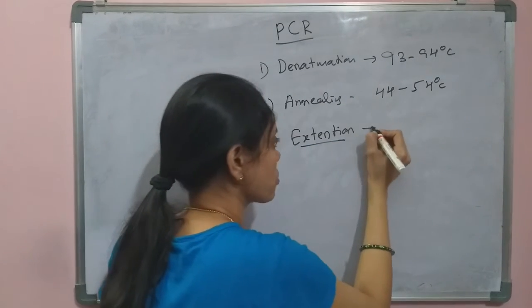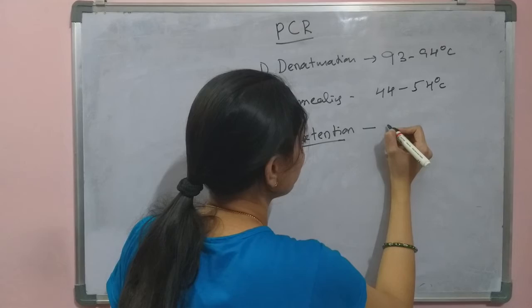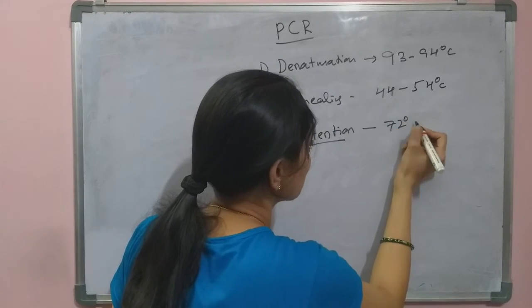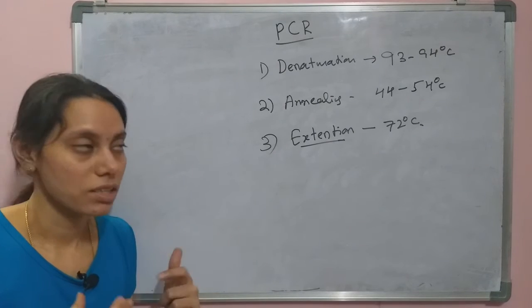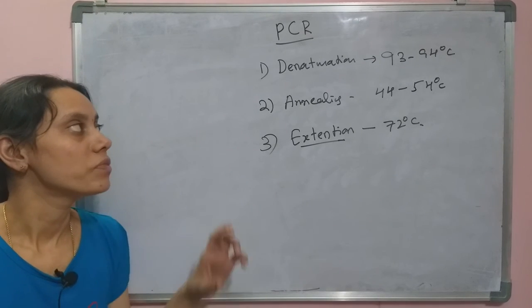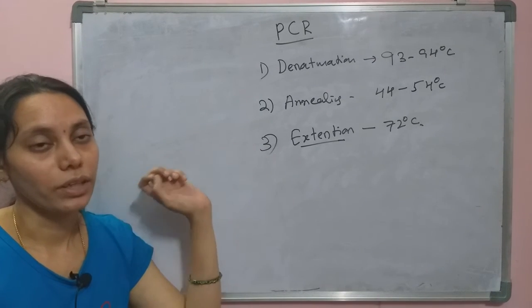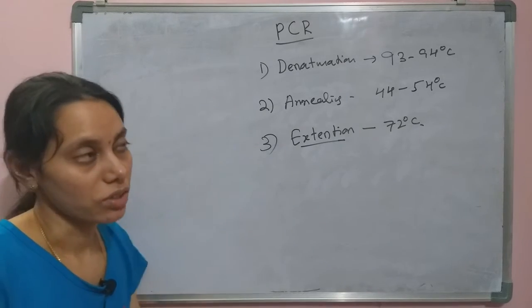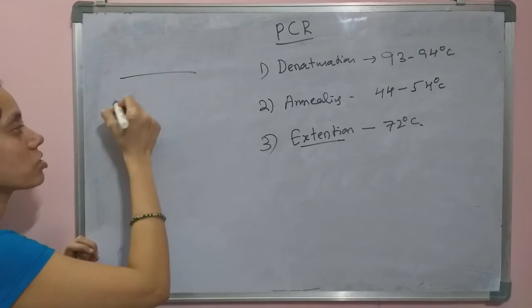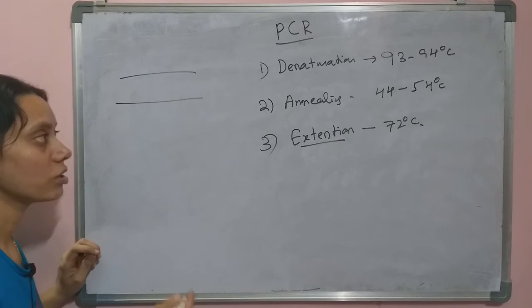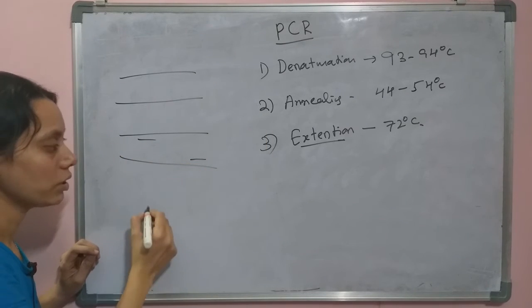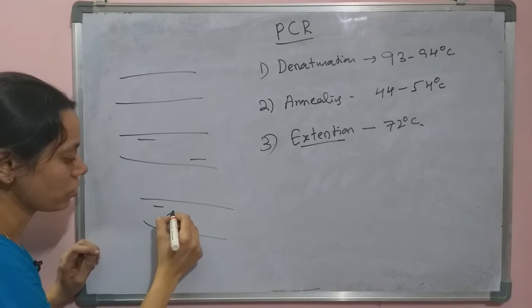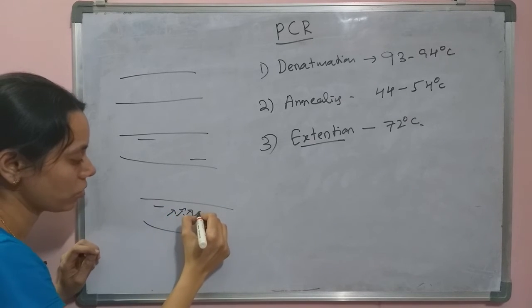And for the extension step, the temperature is set to 72 degrees because the Taq polymerase is active at high temperatures. So these are the basic steps involved in the polymerase chain reaction. First, at denaturation, the template will be denatured, and at annealing, the primers will be binding, and during the extension, the nucleotides will be added into the growing chain.